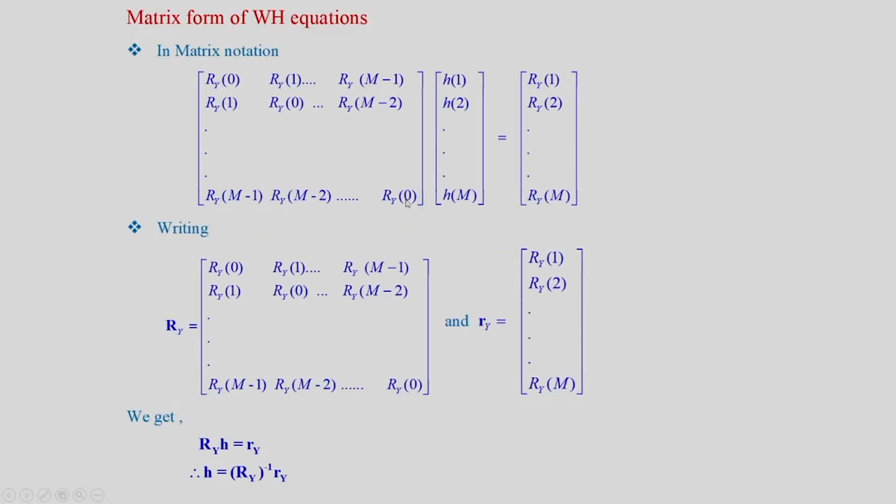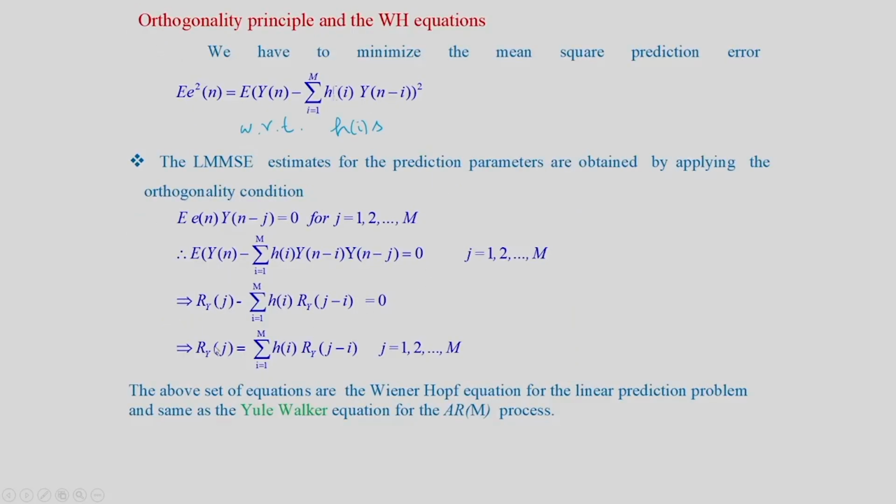The m equations can be represented in the matrix form like this. This is the R_y matrix multiplied by this column vector comprising h1, h2 up to hm, and this product must be equal to the autocorrelation vector r_y(1), r_y(2) up to r_y(m). So, this is the matrix form of the equation.